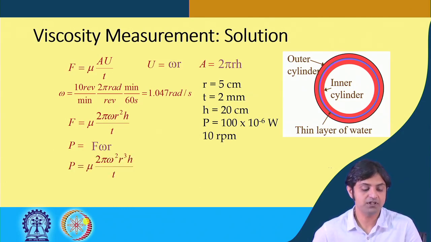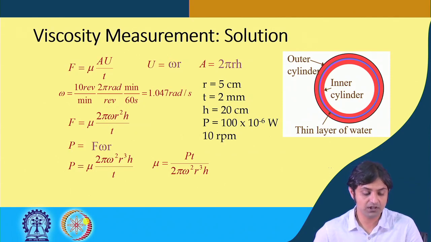So, power can be written using the equations of F and P given above as mu 2 pi omega square r cube h by T. Using this equation, if you take T on the other side and 2 pi omega square r cube h down, you can obtain mu as power into thickness divided by 2 pi omega square r cube h.